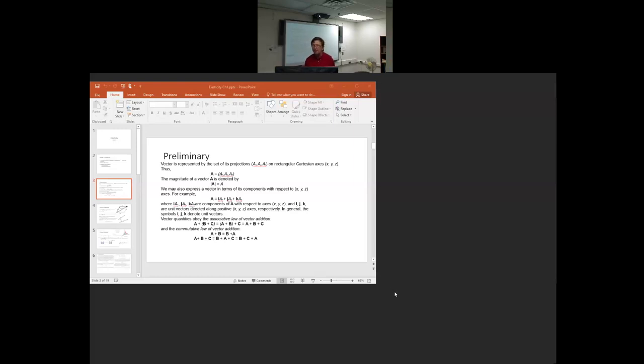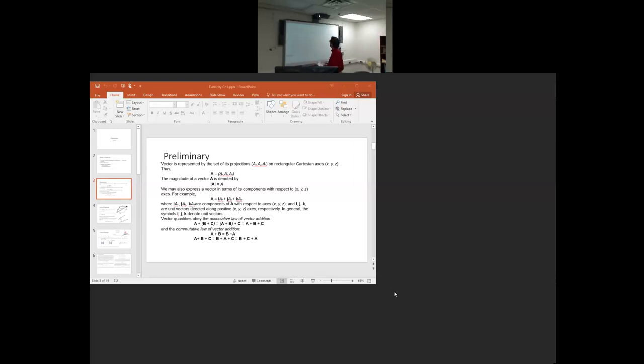Usually, if we want to say that this is a vector, then we put it in bold font, boldface, or sometimes we put arrowheads above the letter, or we underline the letter. But the meaning is that in a three-dimensional Cartesian coordinate system, the vector has three components. So like here, you can see vector A has three components, Ax, Ay, and Az.